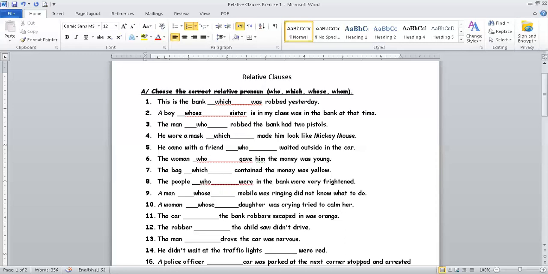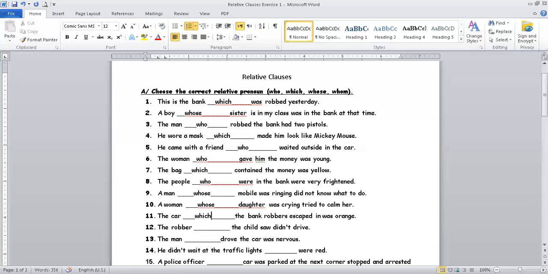11. The car the bank robbers escaped in was orange. Now we want to define the car. The car is something, so we use which. The car, which the bank robbers escaped in, was orange. Look at the part of the sentence that follows the blank space.